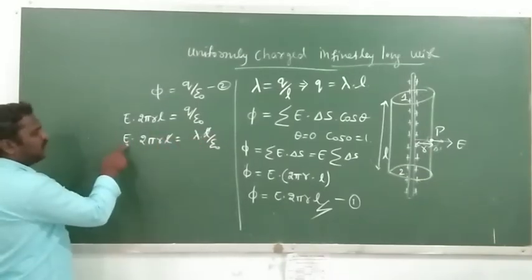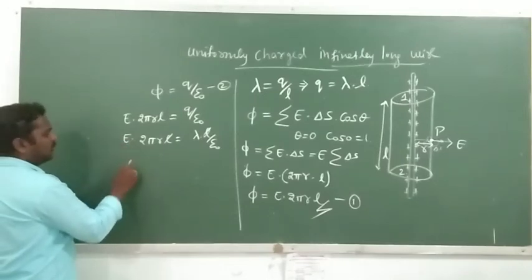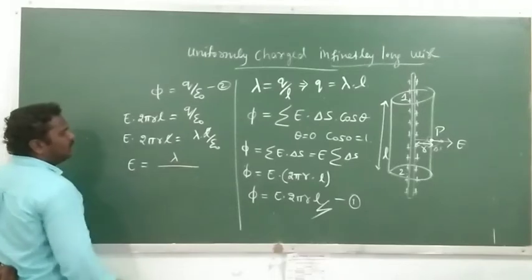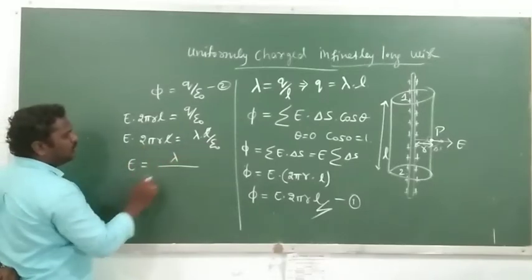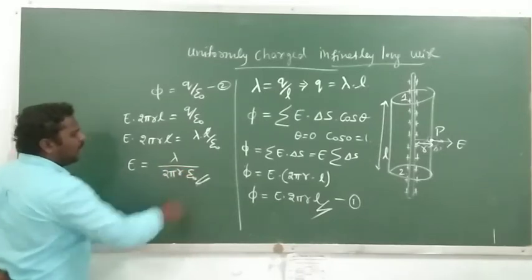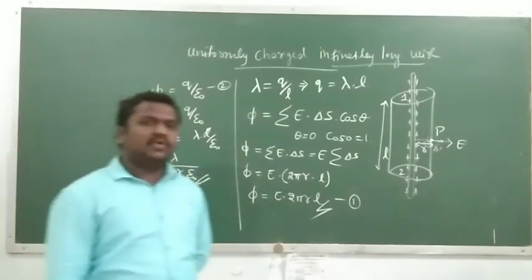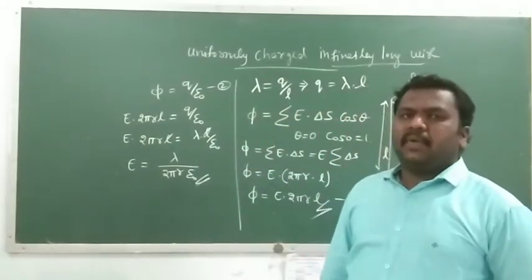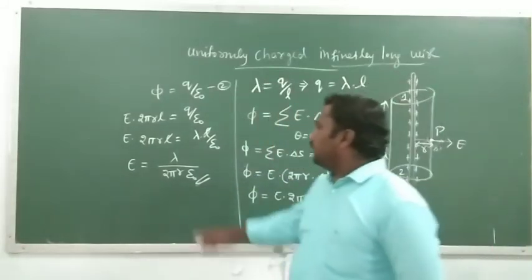Our intention is to find the expression for electric field. So electric field E is equal to lambda divided by, 2 pi will be taken to the denominator, 2 pi r epsilon naught.